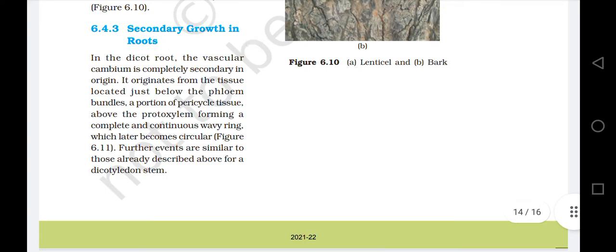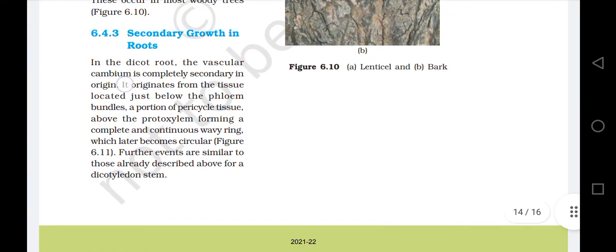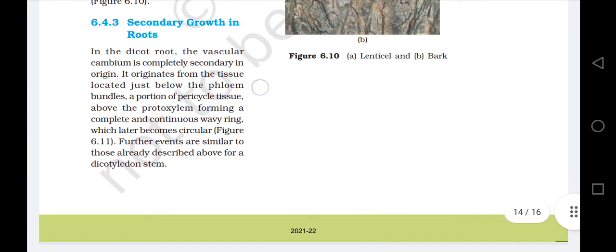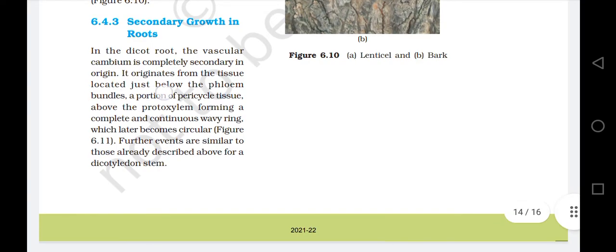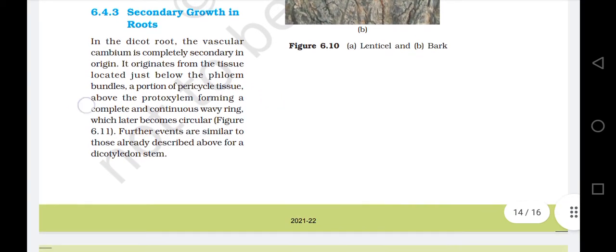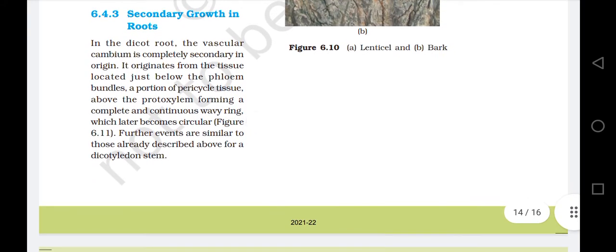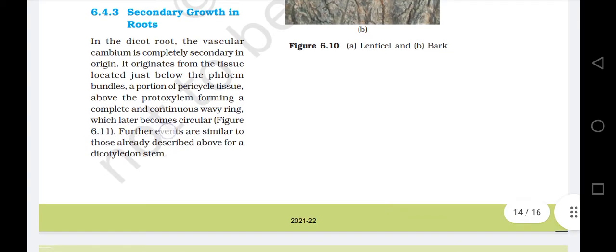6.4.3 Secondary growth in roots. In the dicot roots, the vascular cambium is completely secondary in origin. It originates from the tissues located just below the phloem bundles and a portion of pericycle tissue above the protoxylem, forming a complete and continuous wavy ring which later becomes circular.